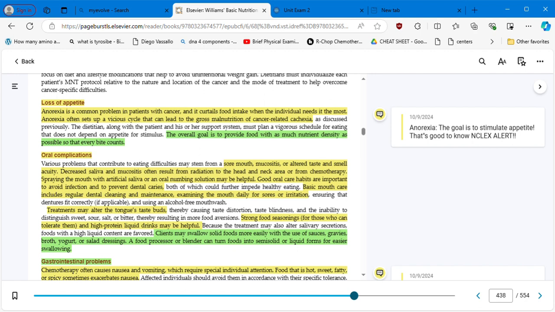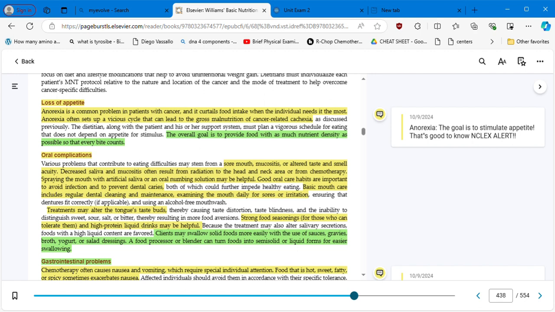And the goal is to stimulate appetite because we know anorexia is loss of appetite, right? So we need to know this. Anorexia often sets up a vicious cycle that can lead to the gross malnutrition of cancer-related cachexia. The overall goal is to provide food with as much nutrient density as possible so that every bite counts.